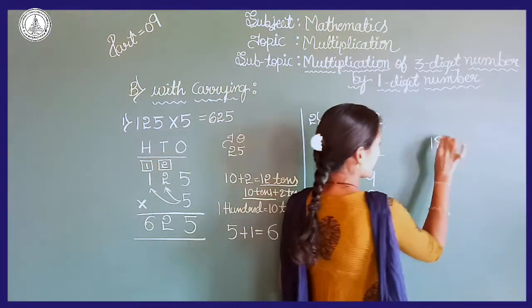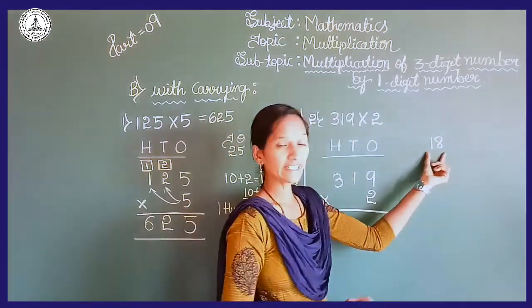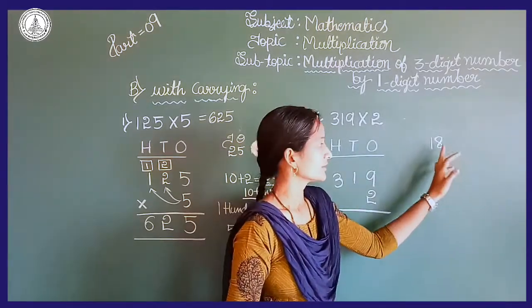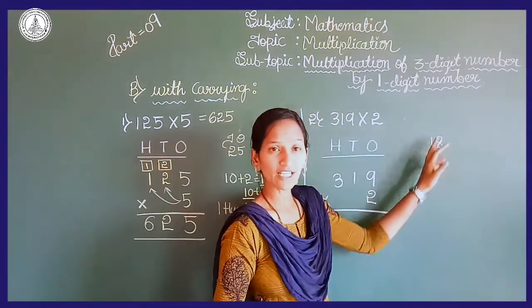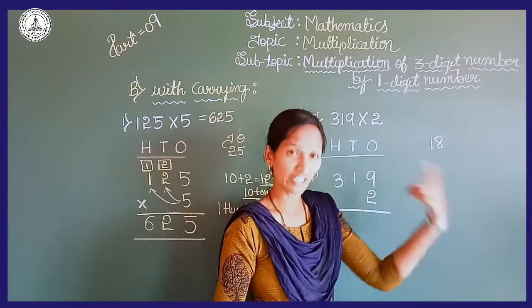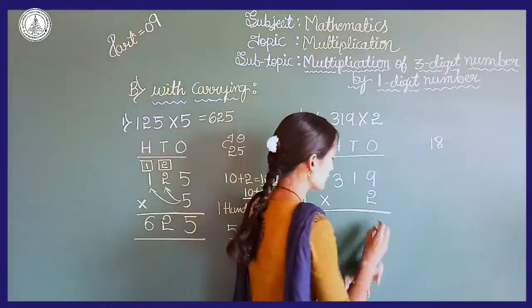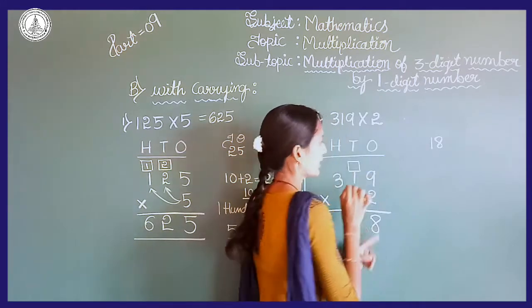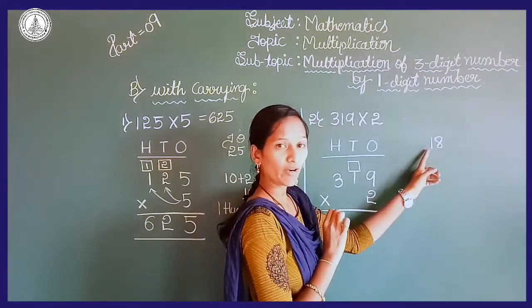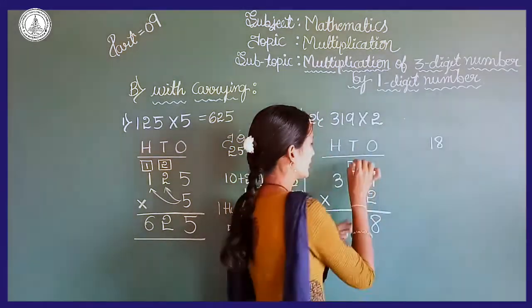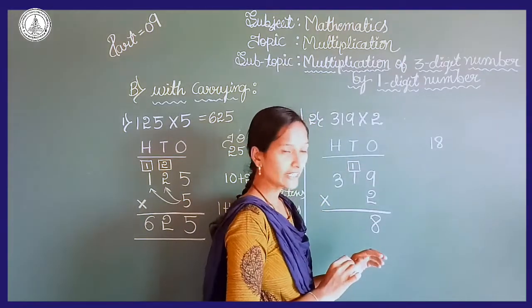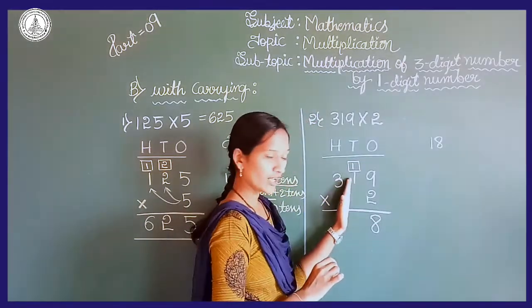But this 18 is a 2-digit number. This 8 is in the place of ones and 1 is in the place of tens, right? So I am writing this 8 under the ones column and I am carrying over this 1 to the tens column, right?